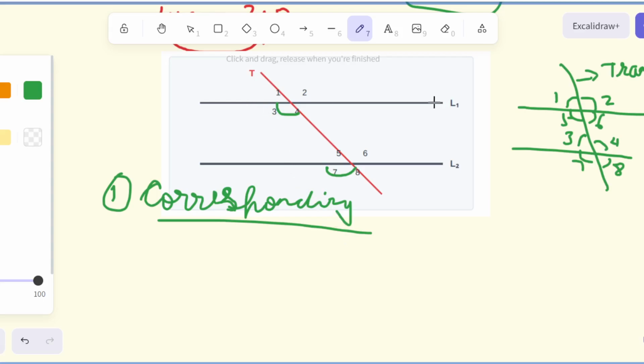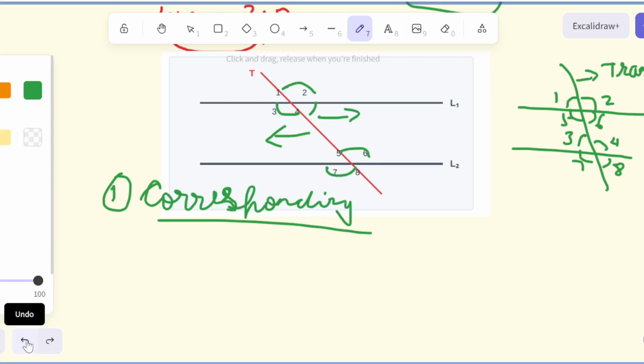They are below the parallel lines and again on the same side of the transversal. Similarly, 2 and 6 lie above the parallel lines and on the same side of the transversal. Similarly, we can consider 4 and 8. They are also below the parallel lines and on the same side of the transversal, right?